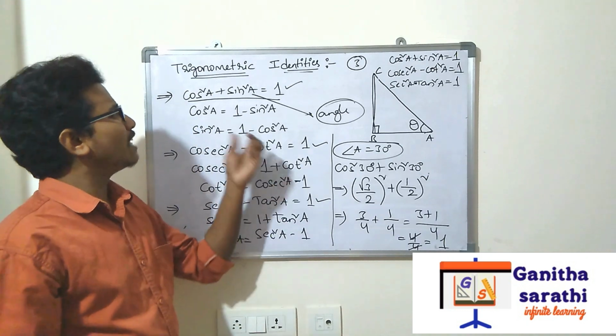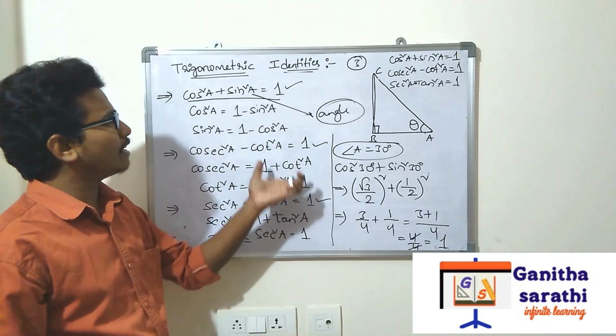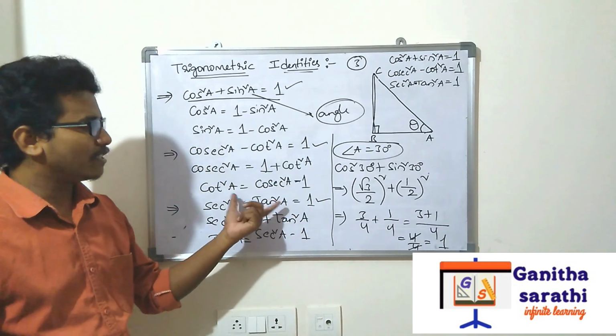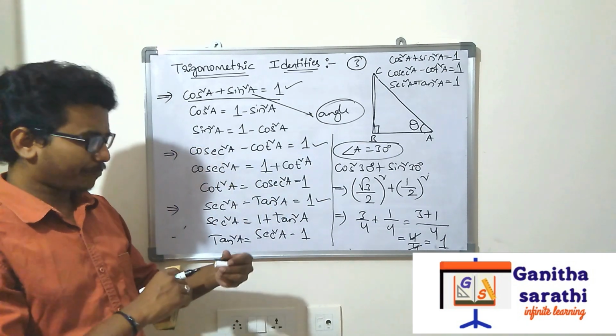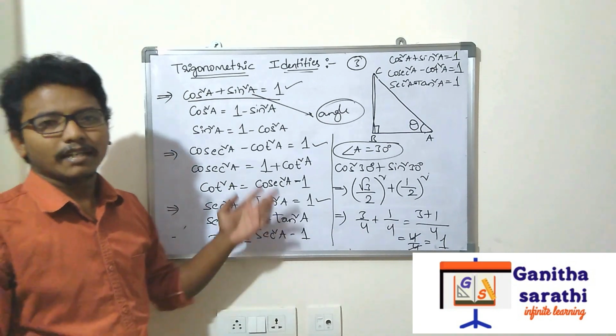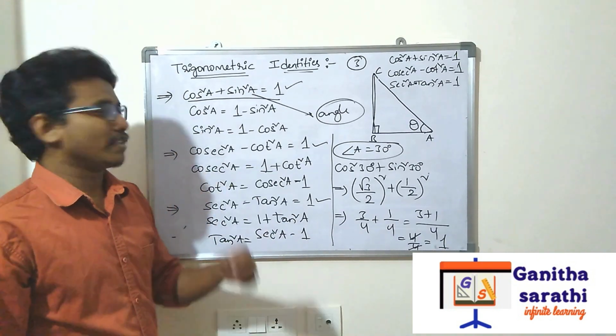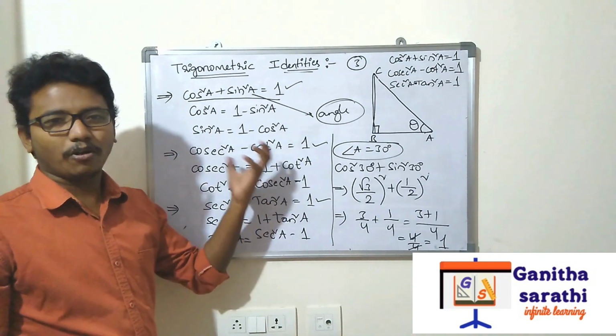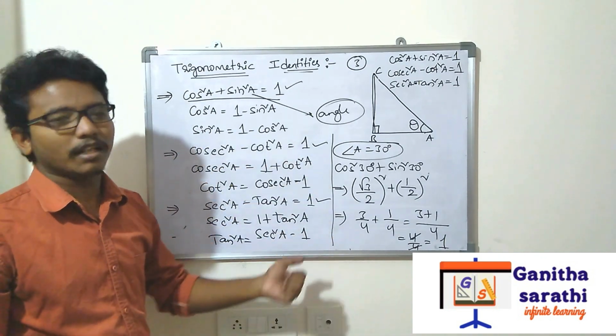Understood? If you place any angle from 0 degrees to 90 degrees in any of the identities, you will get the answers. You will get the proof of the identities. Got it? Now, these are the 3 trigonometric identities. Based on this, we will have some examples, some models.